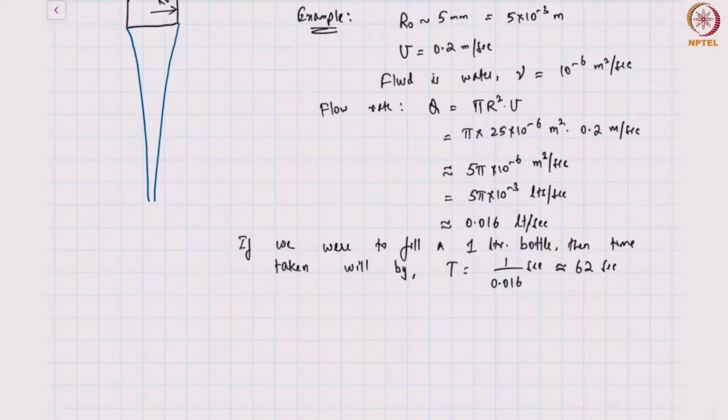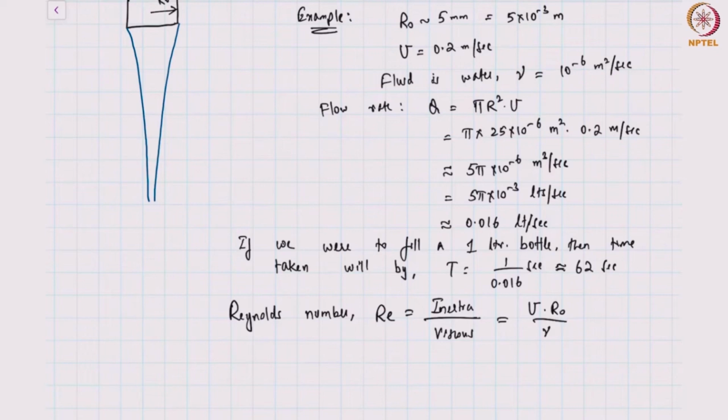Let's calculate the Reynolds number. We know that the Reynolds number is the ratio of inertia to viscous forces, and I've defined it to be velocity u times r naught divided by the kinematic viscosity nu. This turns out to be 0.2 into 5 into 10 power minus 3 divided by 10 power minus 6, and this is 10 power 3.